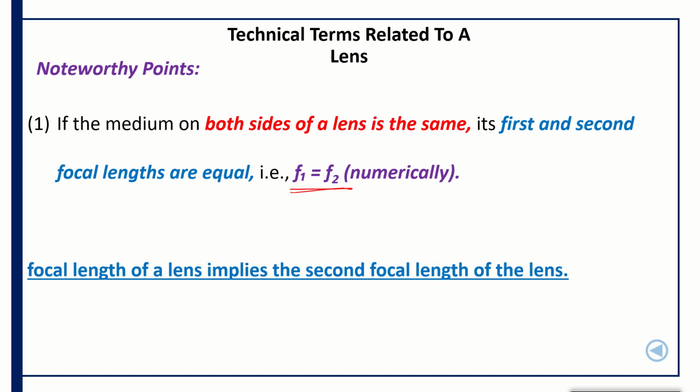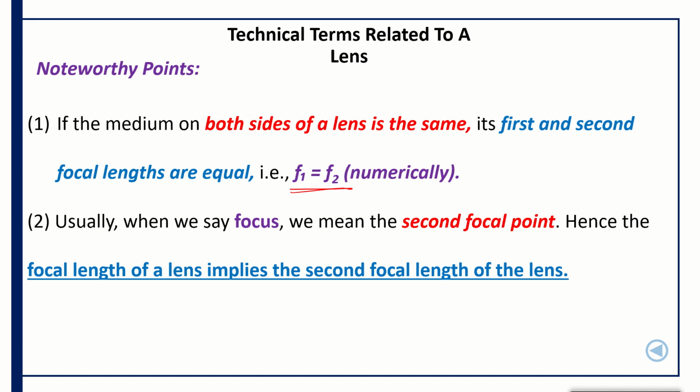Usually, when we say focus, we mean the second focal point. Hence, the focal length of a lens implies the second focal length of the lens. When you buy a lens, or when you are using it in the library, you'll see a note on the lens cover giving the focal length or focus of the lens as a numerical value.